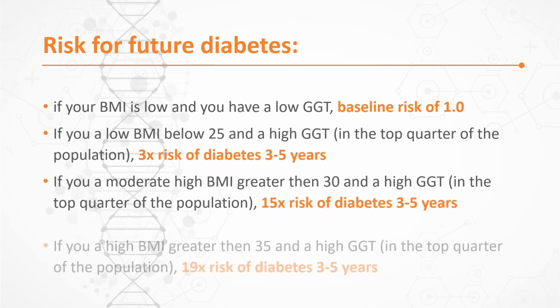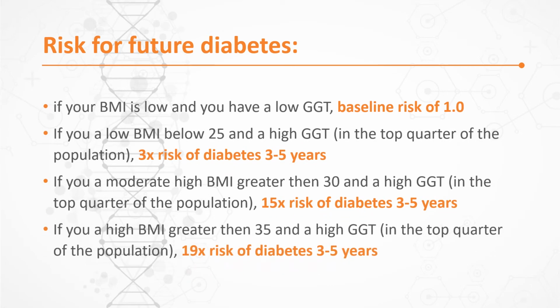Now, if you have a low BMI and a low GGT, we'll assume the risk factor of 1. So you don't have an increased risk. If you have a low BMI, less than 25, and a high GGT, you have a 3x risk of diabetes. If you have a moderately high BMI and a high GGT, you have a 15x risk of diabetes.